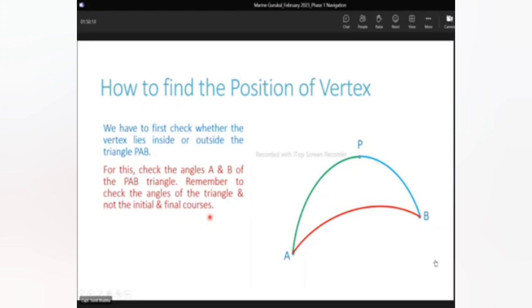So reminding you once again here that when we apply the cosine formula to the PAB triangle, we obtain the angles of the triangle, angle A and angle B. Then we convert these angles to the initial and final courses. Now to identify the vertex lying inside or outside, we need to have a look at the angles, not at the courses.